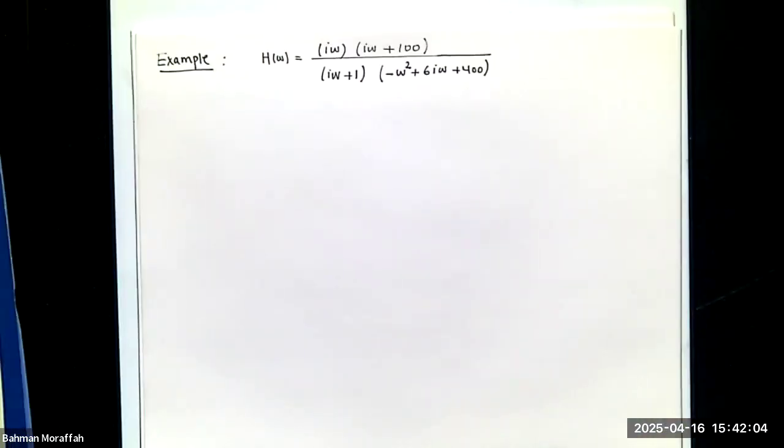This is quite a difficult function to plot, by the way. It's not a very simple function, but we're just going to approximate it by linear functions.